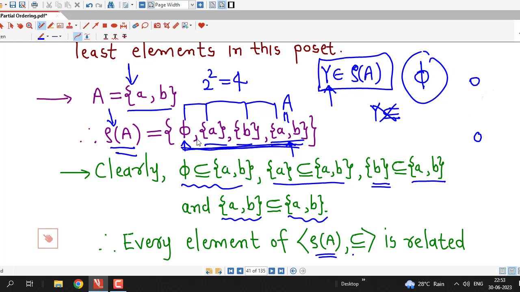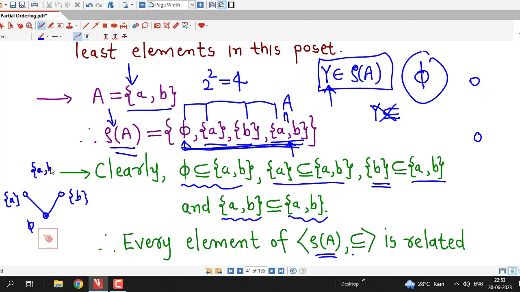Now for the Hasse diagram, we can see there are four elements here, and we know that phi is related to the set containing A and B, and these two sets contain the empty set phi. So I will join these two by line segments because phi is covered by these two sets.